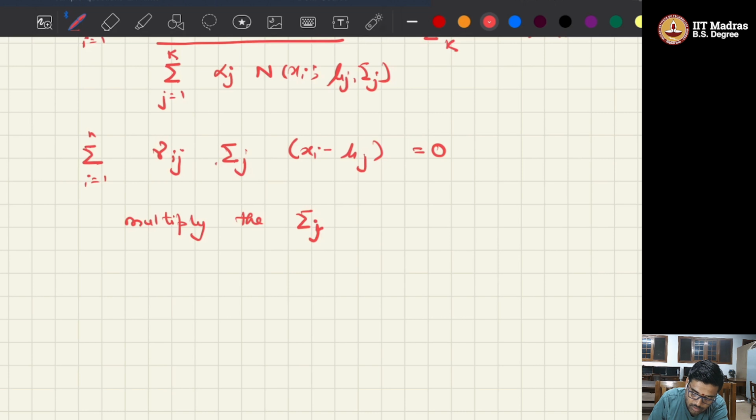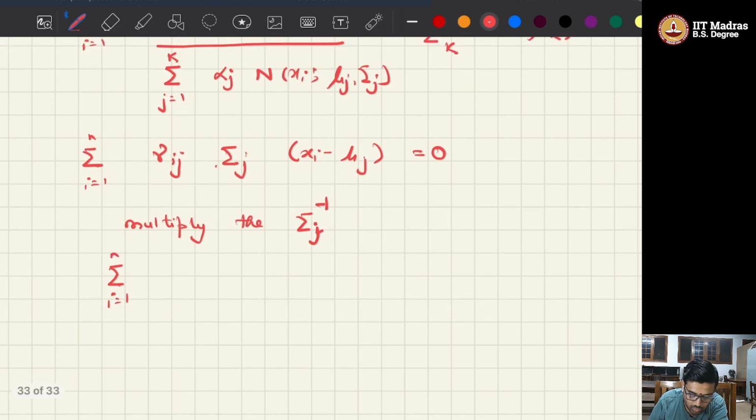Multiply by the inverse. Now you get summation i equal to 1 to n, then you multiply this, gamma ij xi, minus summation i equal to 1 to n, gamma ij mu j. Now this is equal to 0.